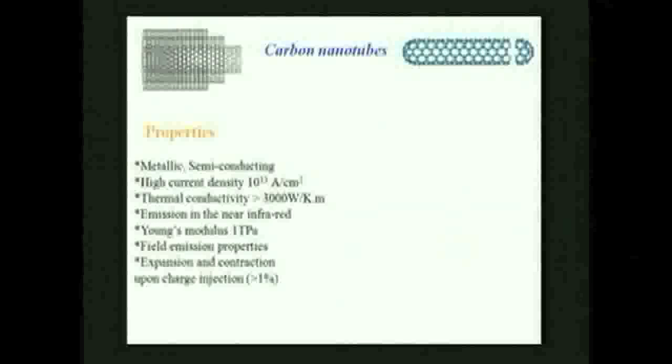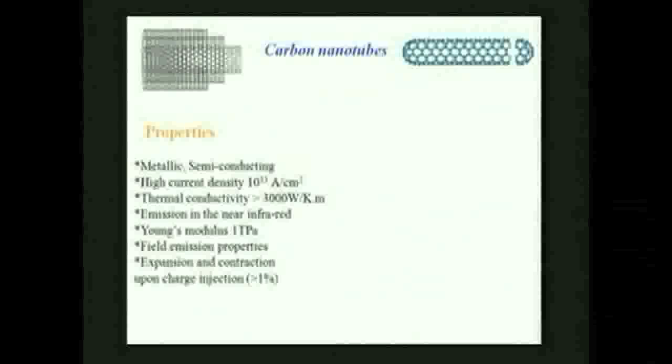When you have semiconducting nanotubes, they have interesting optical properties. Their gap is in the near infrared, close to 1 electron volt, so you can have light emitters in the near infrared. We will talk about this property tomorrow. They also have interesting mechanical properties.